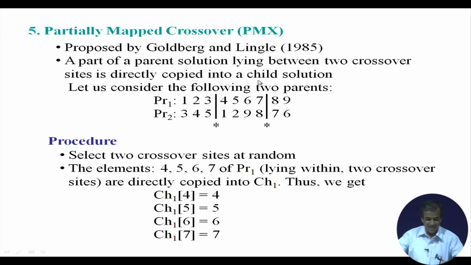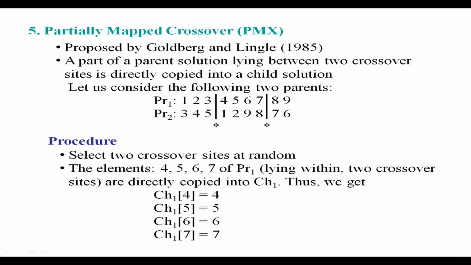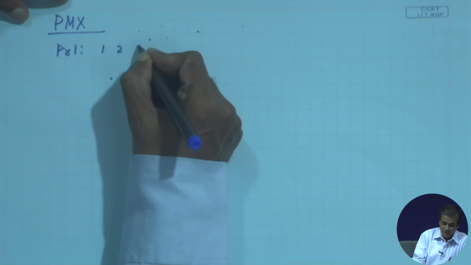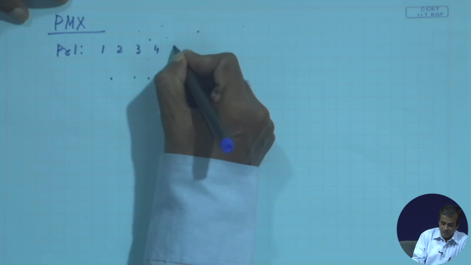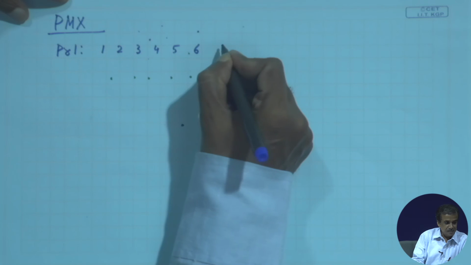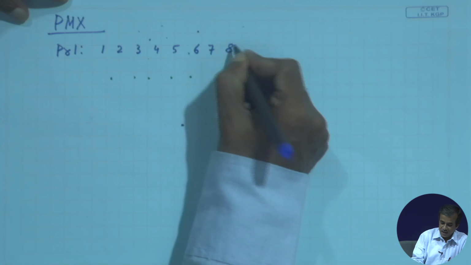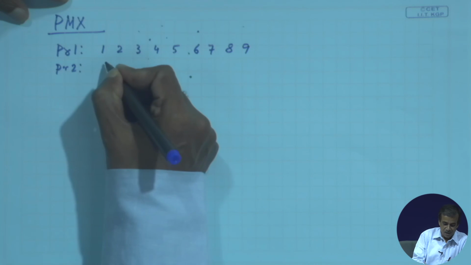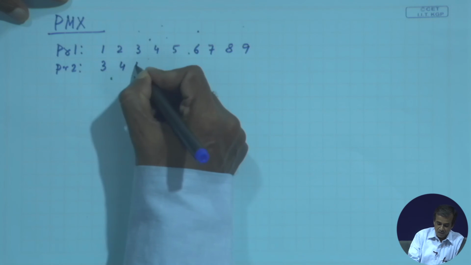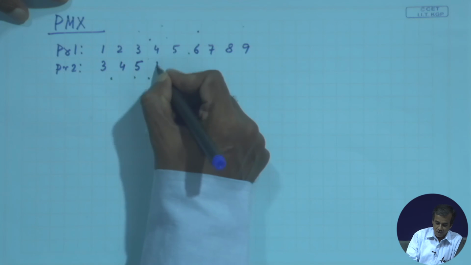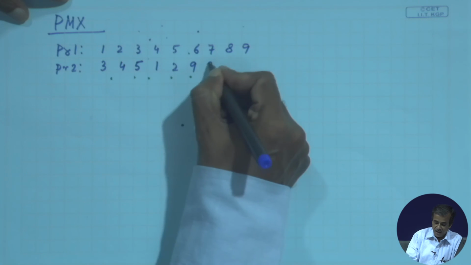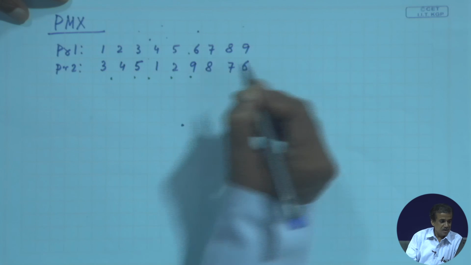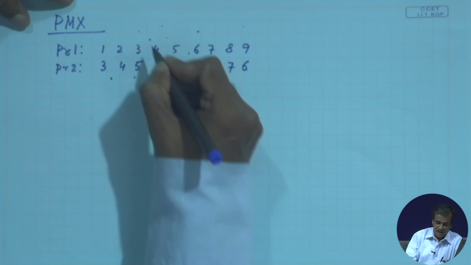That part is simple. Now, let me write down parent 1 and parent 2. Parent 1 is 1, 2, 3, 4, 5, 6, 7, 8, 9. Parent 2 is 3, 4, 5, 1, 2, 9, 8, 7, 6. The two crossover sites are selected at random.